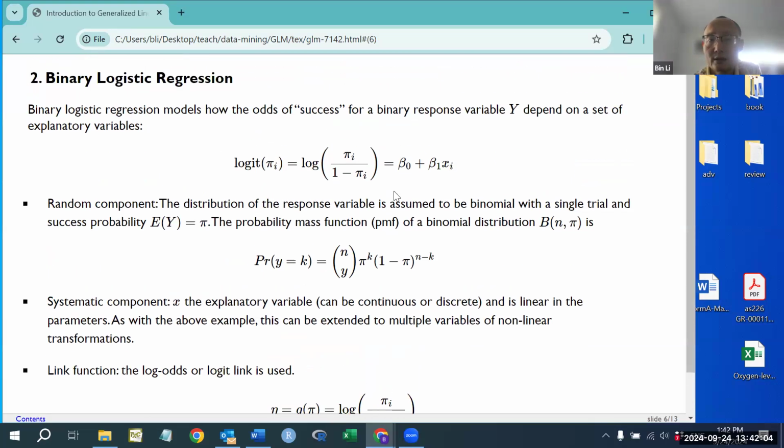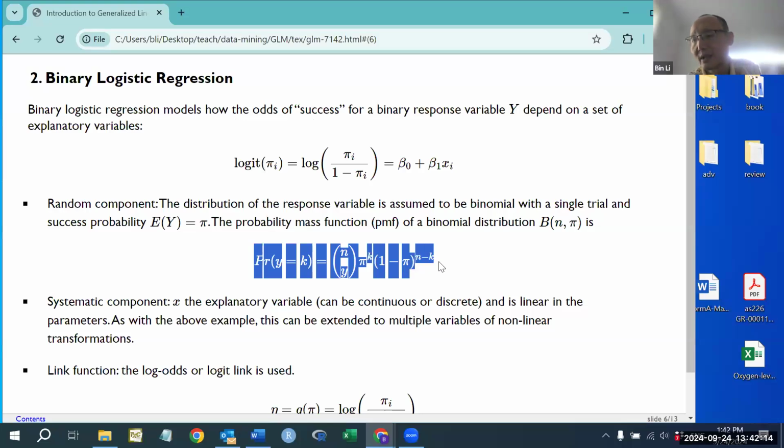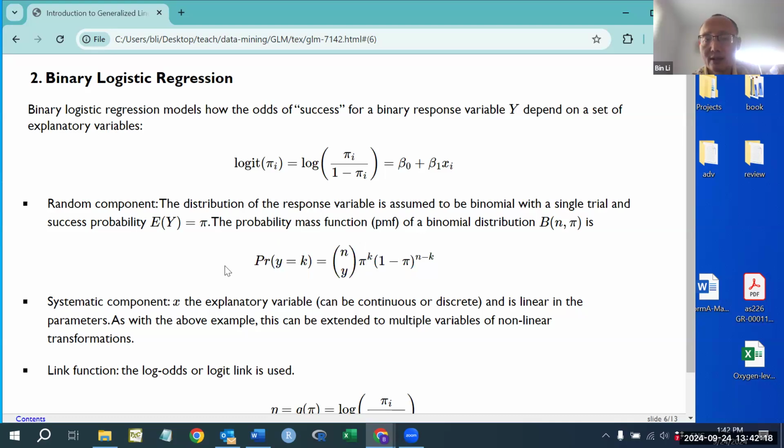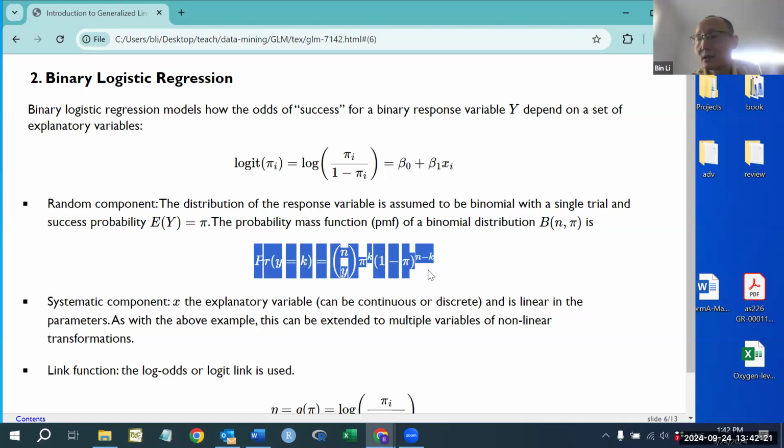And the random component y follows a binomial distribution, and this is the PDF. Actually, it's called PMF. Why is it PMF, not PDF? Because this is a discrete random variable.